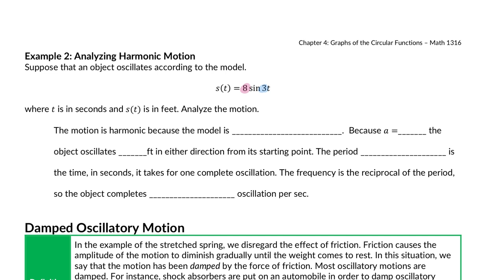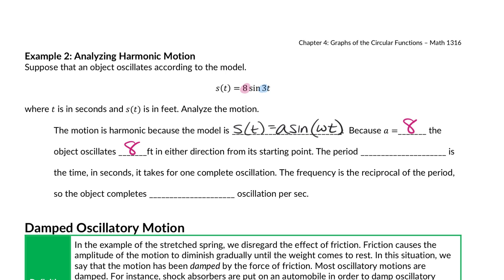Okay, great. For describing the motion here of this harmonic motion, it says the motion is harmonic because the model is in the form S of t equal to a times the sine of omega t. Because a is equal to 8, like you guys told me, the object oscillates 8 feet in either direction from its starting point.